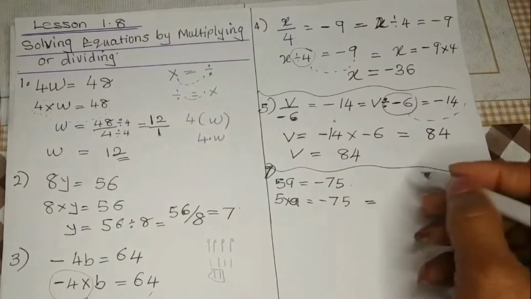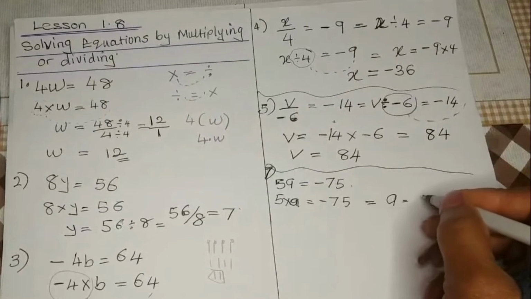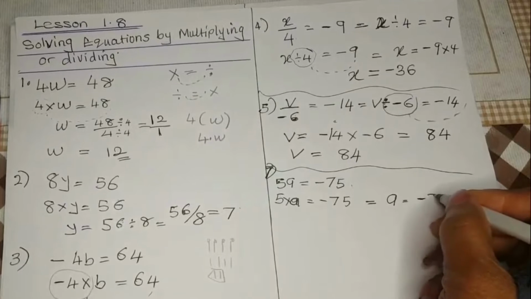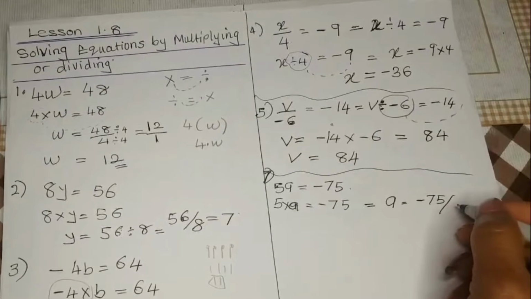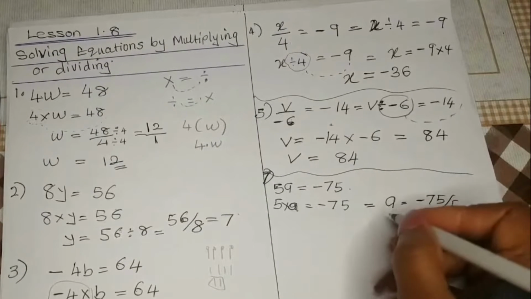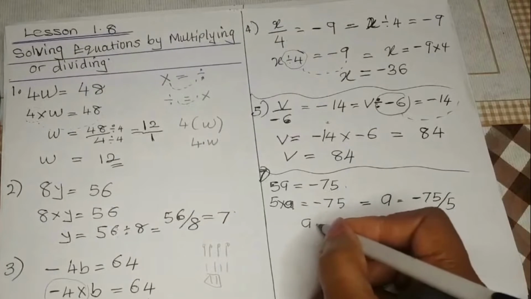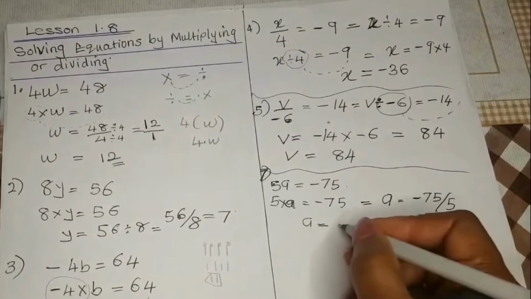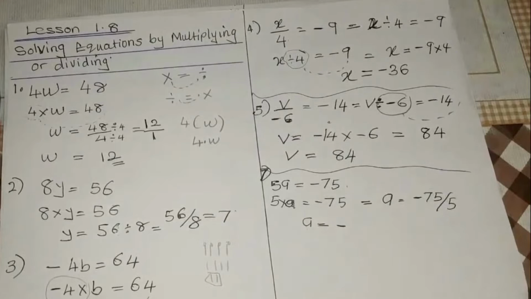So we're going to have a equal negative 75 divided by 5. So a is going to be negative 15.